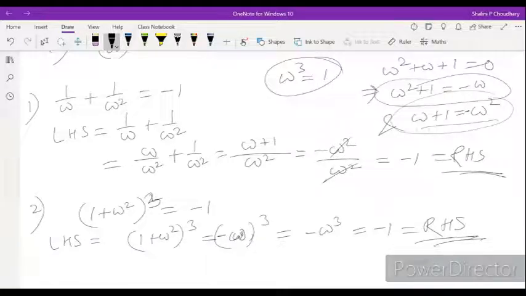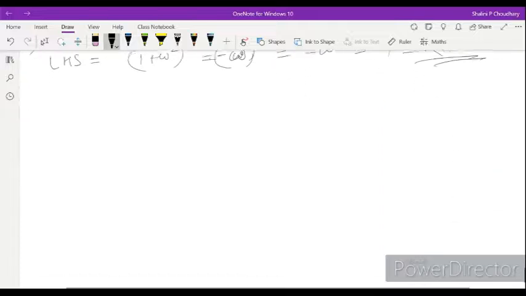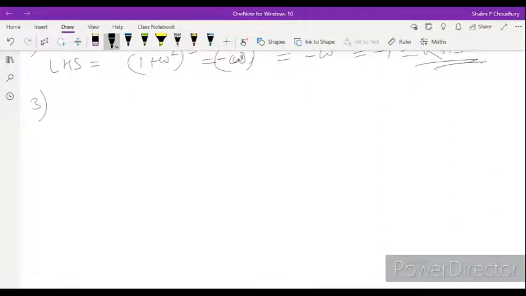Okay, now the next question. We have to prove that (1 minus omega plus omega square) to the power 3 is equal to -8. So we take LHS, which is (1 plus omega square minus omega) to the power 3.